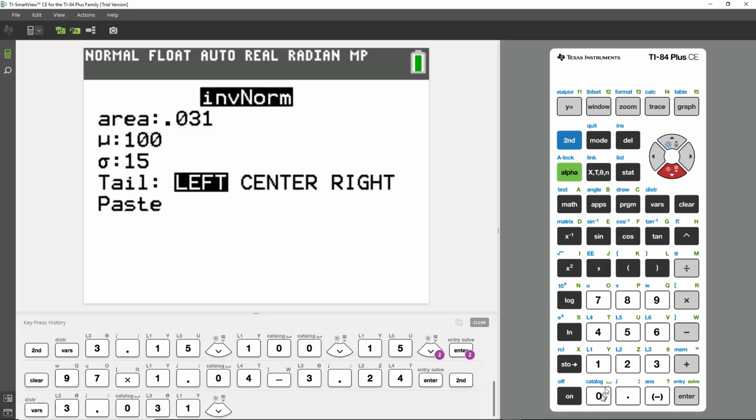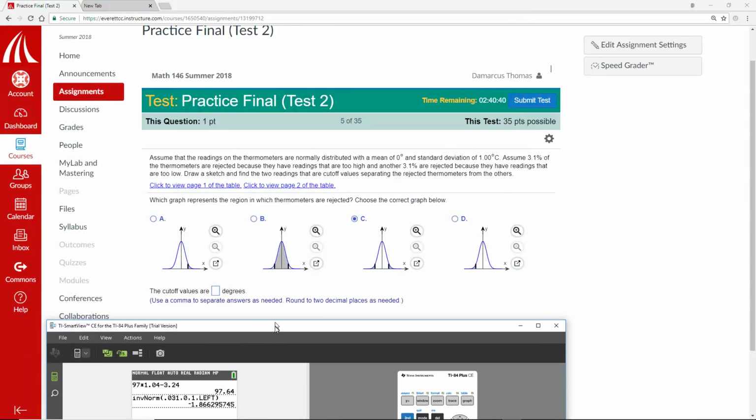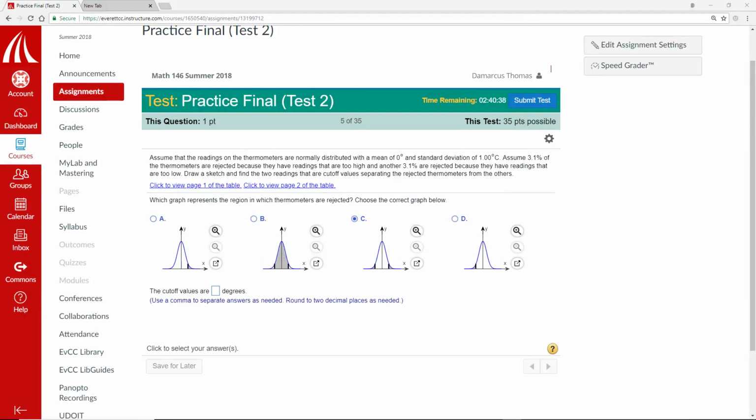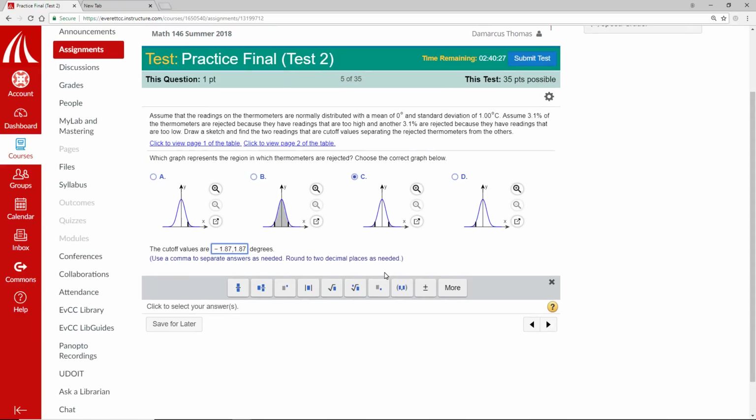I need to make this 0 again, and I also need to make this 1. And let's paste this. It should be negative. So negative 1.87 if I round it off. And then also positive 1.87 because it is symmetrical.